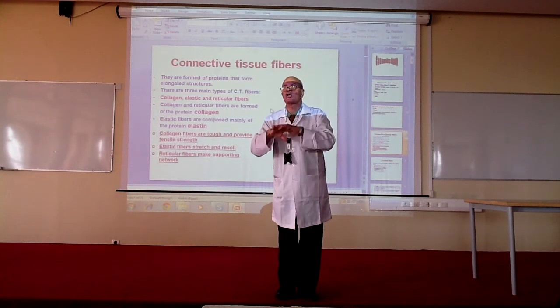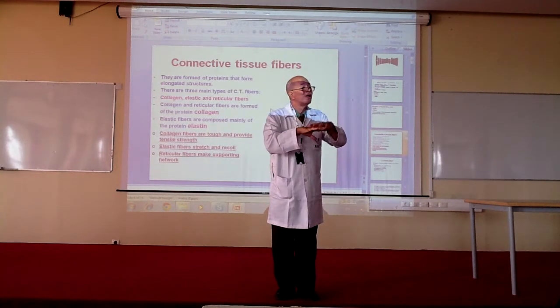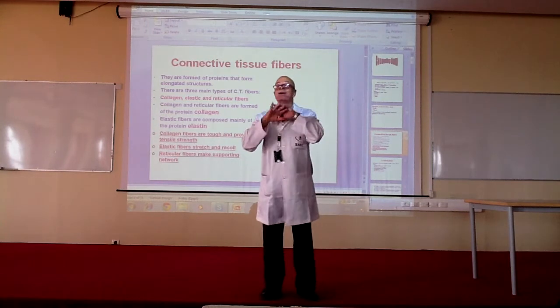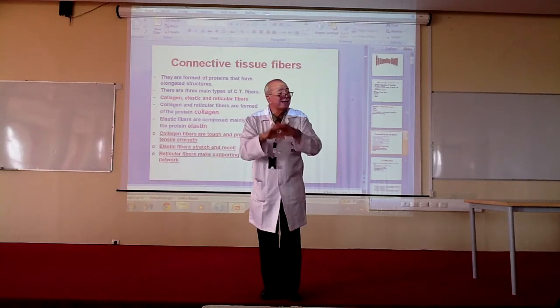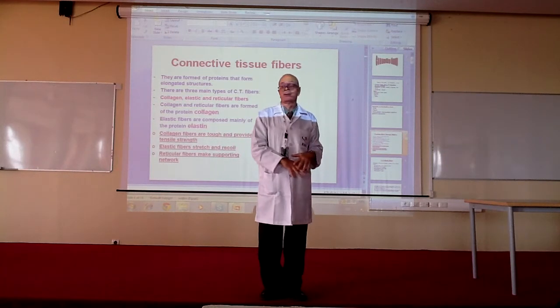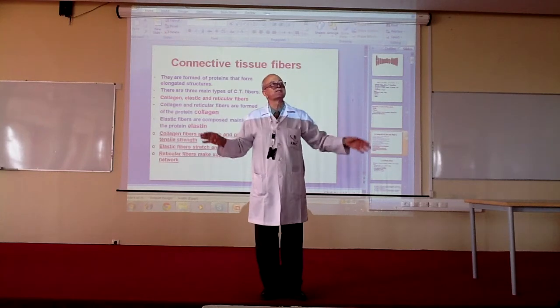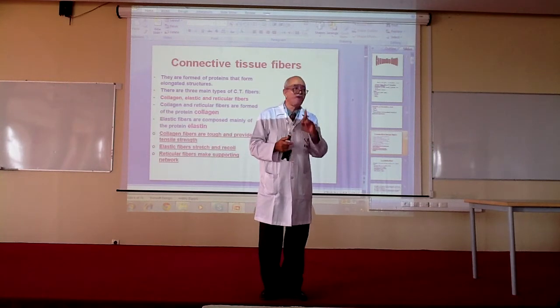In lymphatic organs, what does it support? Lymphocytes. In adipose tissue, what does it support? Adipocytes. Is it clear? So these are the main differences between the collagen, the elastic and the reticular fibers in function.